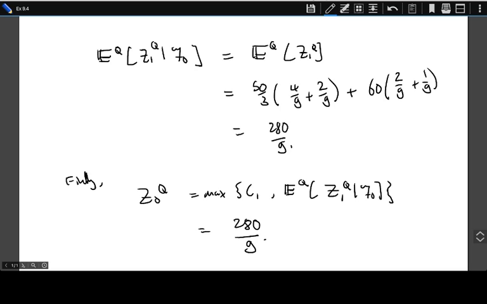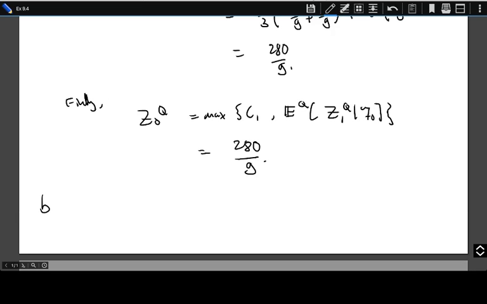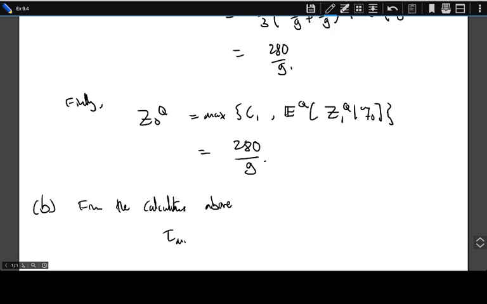Now we want to calculate tau min and tau max. From the calculations above and the definition of tau min, we see that on the event {omega 1, omega 2}, tau min occurs at time 2, but on the event {omega 3, omega 4}, tau min occurs at time 1.